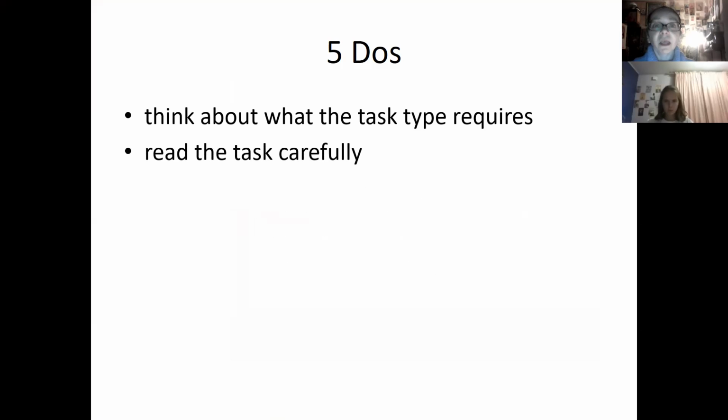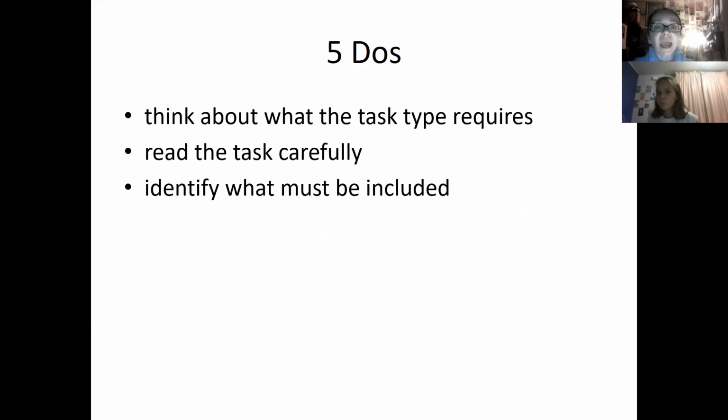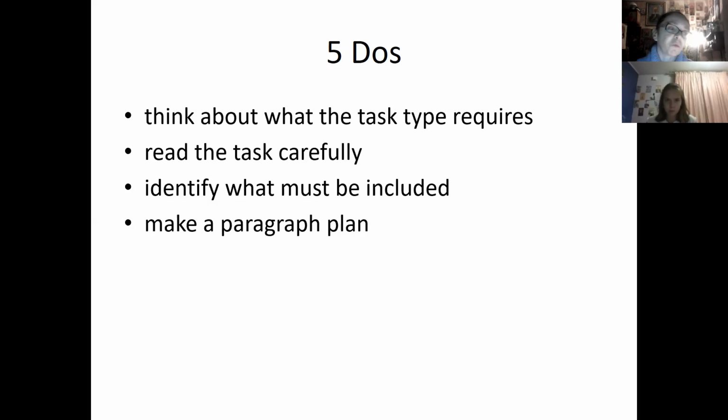Very often, loads of mistakes are caused just by lack of attention in reading the task. Next, you need to identify what points you have to include and make a paragraph plan. Even though you've only got 1 hour 20 minutes for two pieces of writing, try to get into a habit of writing the plan very quickly. But I'd strongly recommend you not to skip this stage.